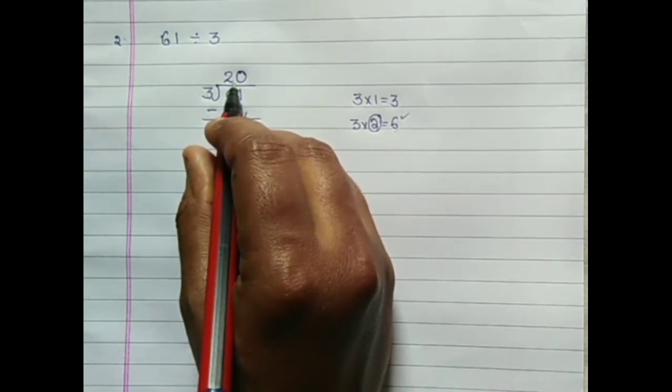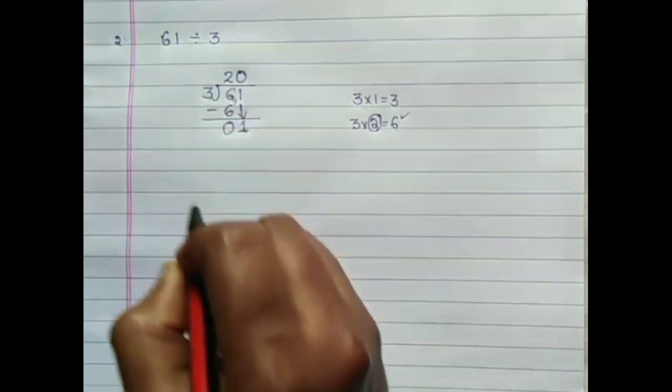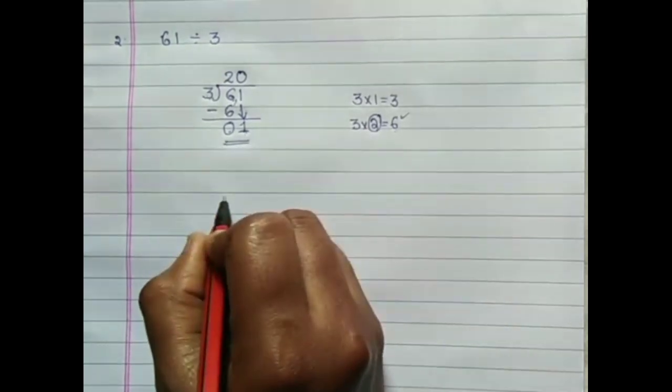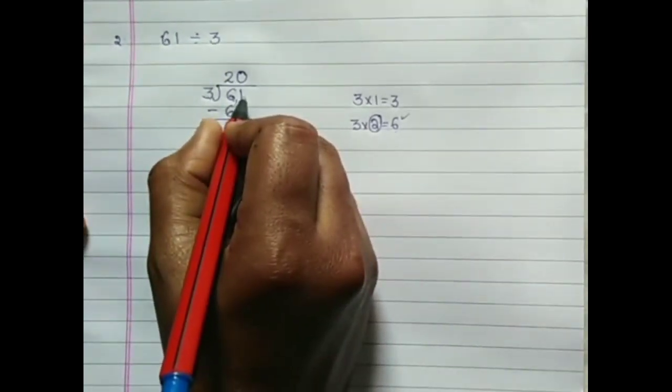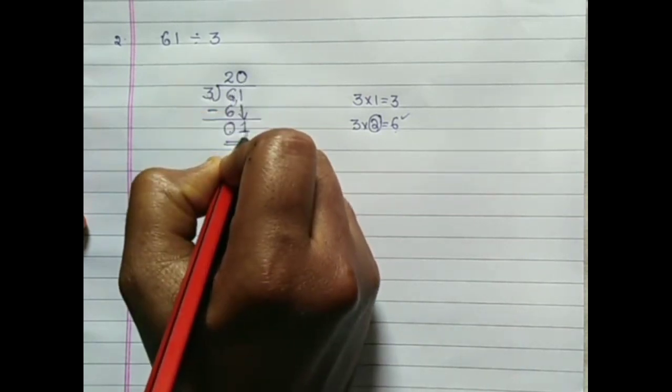So the quotient becomes 20 and we have completed the division.